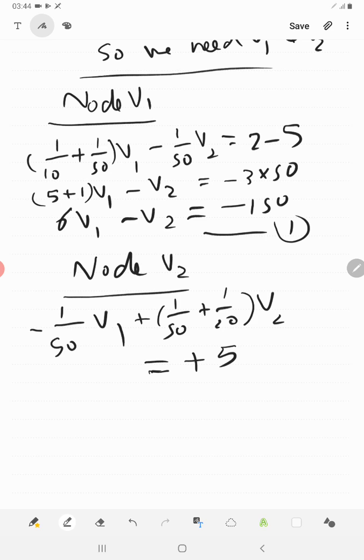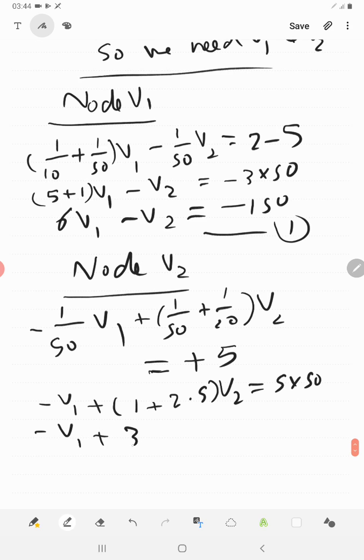So if you multiply by 50, then you get minus V1 plus (1 plus 50 over 20, which is 5 over 2, which is 2.5) V2 equal to 5 times 50. So minus V1 plus 3.5 V2 equal to 250, and this is equation 2.